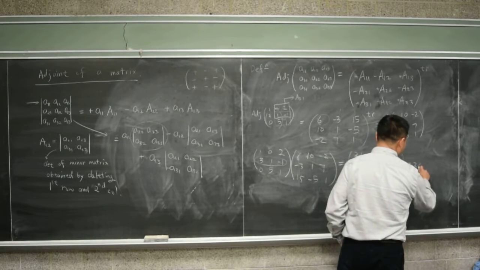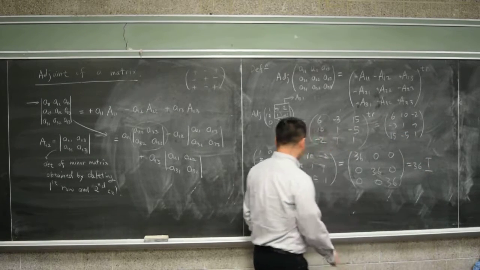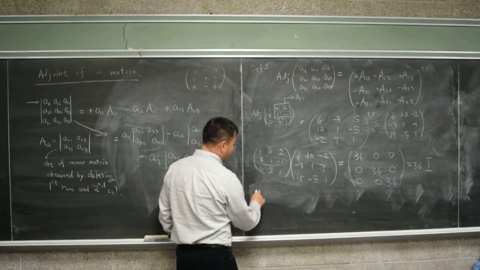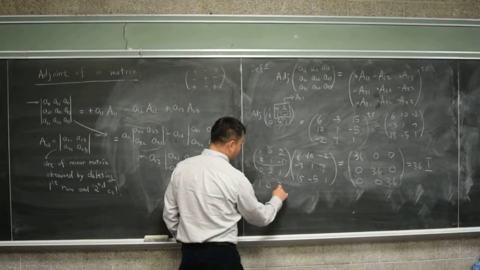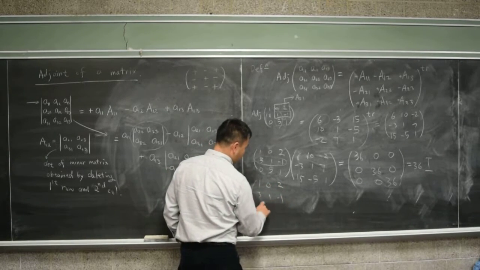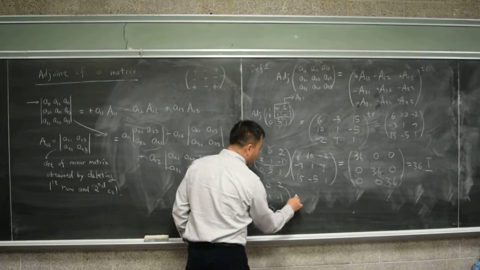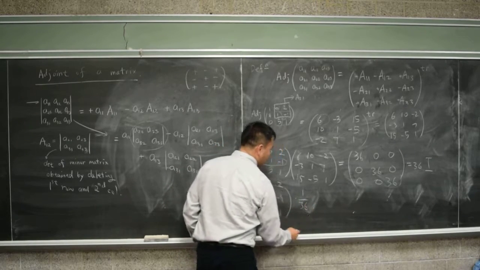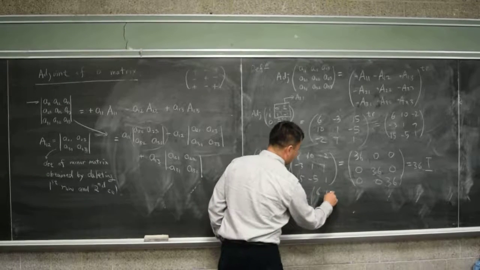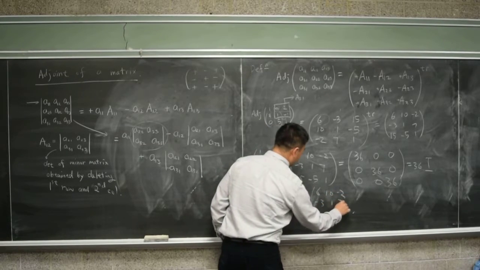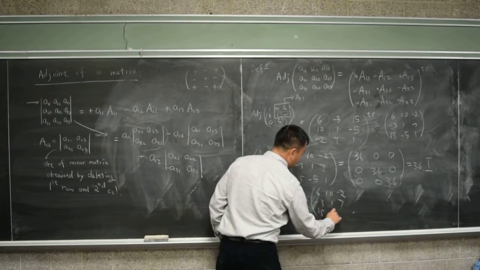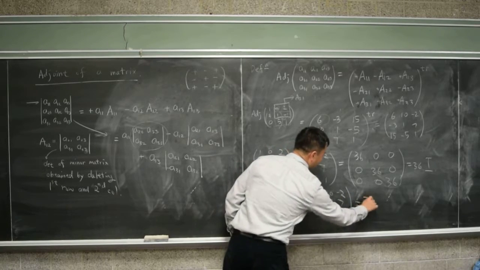It's 36 times the identity. And therefore, what we're trying to say is that 1, 0, 2, 3, 1, negative 1, 0, 5, 1 times 1 over 36, 6, 10, negative 2, negative 3, 1, 7, 15, negative 5, 1 gives you the identity.